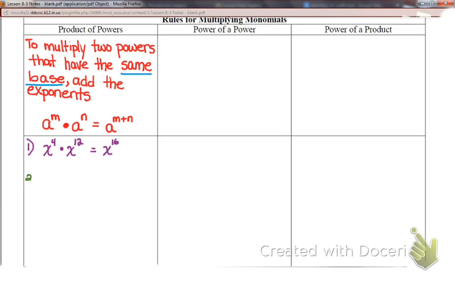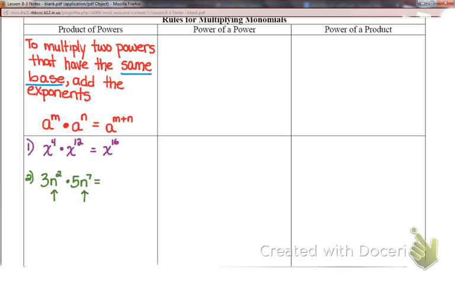Okay, example number 2. Let's put some coefficients in here. So let's say we have 3n squared times 5n to the 7th. Well, the powers have the same base because the powers are the n squared and the n to the 7th.